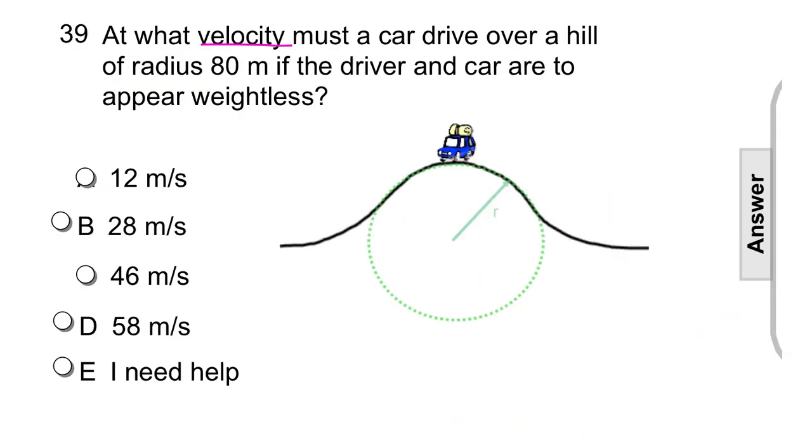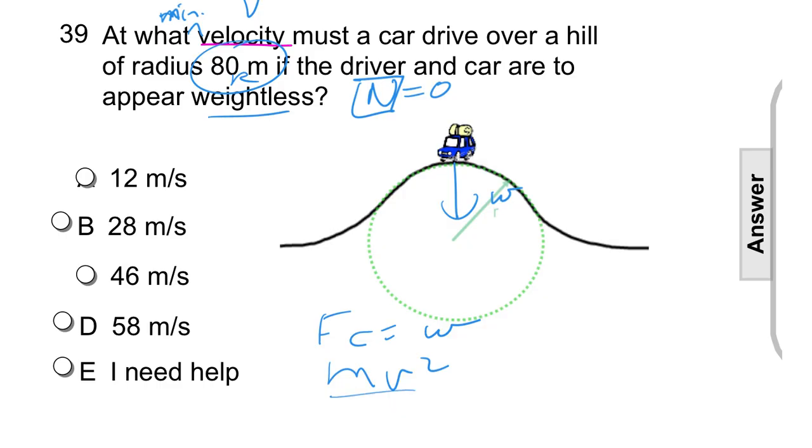Now, when you're going over the hill, the radius is 80 meters. Okay, so what minimum velocity, they should say, because you can go past it. What minimum velocity must the car drive over a hill if they're to feel weightless? So that means N equals 0. That means the only force acting on the car at the top would be the weight, because normal force equals 0. Centripetal force would equal the weight.